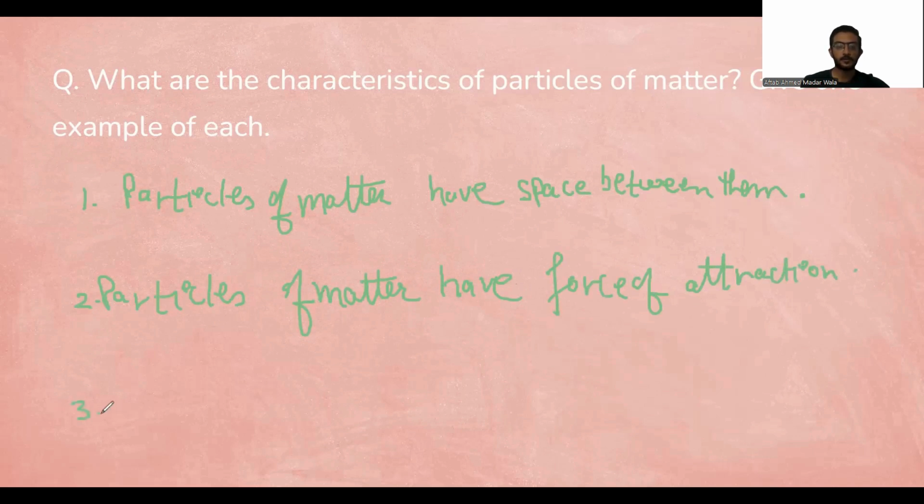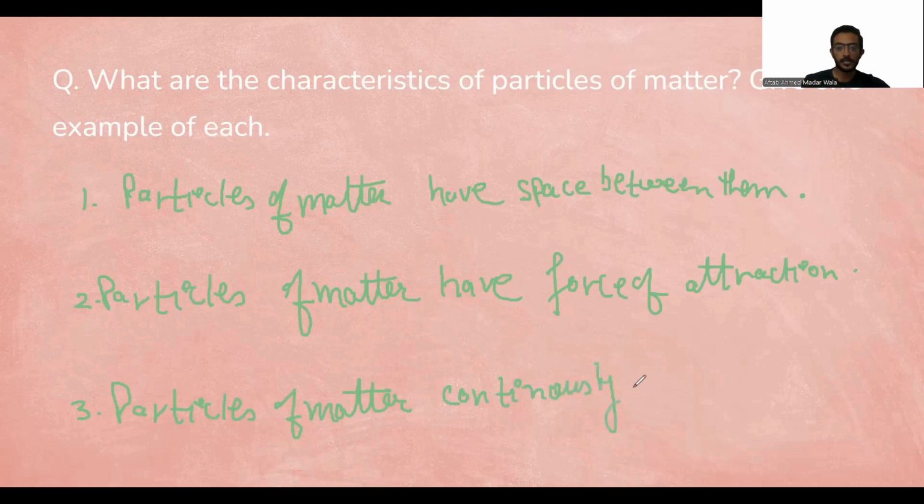And third, we have seen that particles of matter continuously move, right? So we have seen by taking an example of dissolving salt into water, salt occupying the intermolecular space. And with that, we prove that particles of matter have space between them.